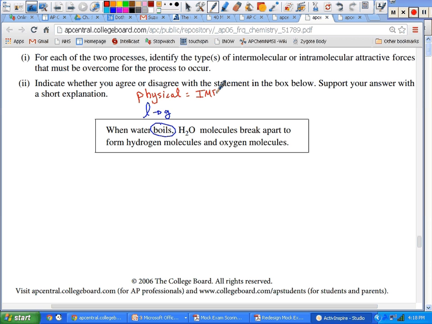Okay. So just out of that one word, we've got this information. The statement says, when water boils, water molecules break apart to form hydrogen molecules and oxygen molecules. So what are they essentially saying that we're forming? Very good, H2 and O2. True or false?